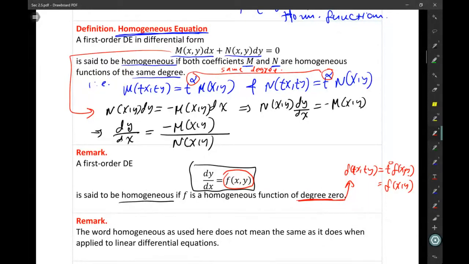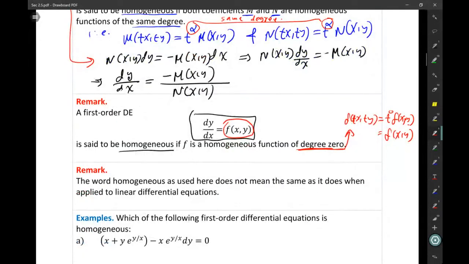طيب الآن we have to distinguish between the homogeneous equation and the homogeneous linear differential equation. The homogeneous equation is the one which we defined here, where the m and n have the same degree and are homogeneous.